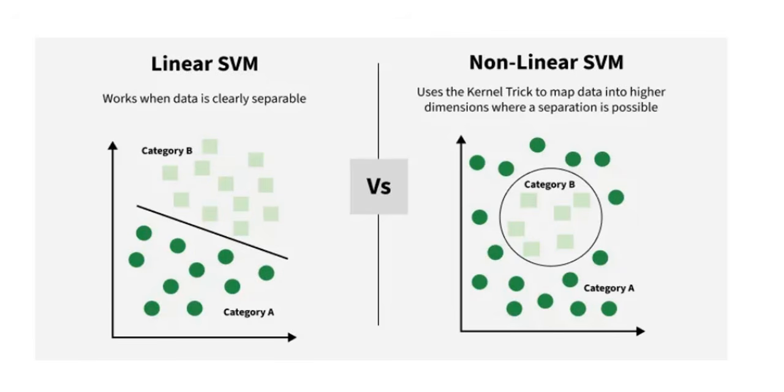The answer is no. No matter where we draw a straight line, it will not correctly separate the two categories. So this is known as a non-linearly separable dataset. How can SVM handle this type of problem? This is where the kernel trick comes into the picture.